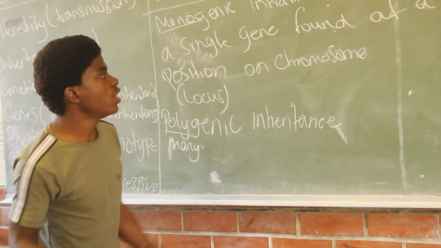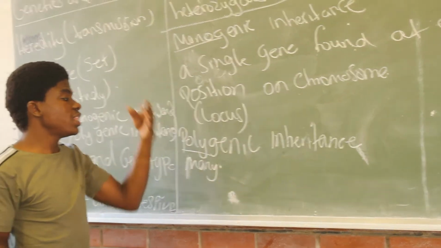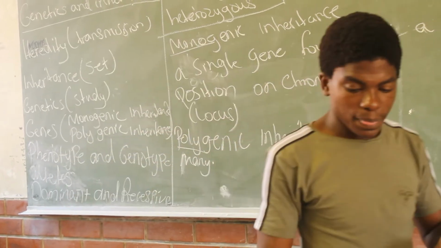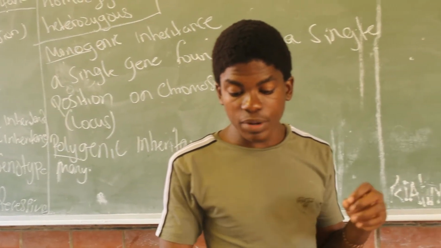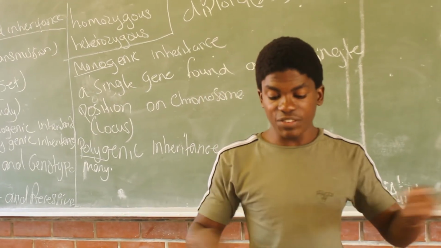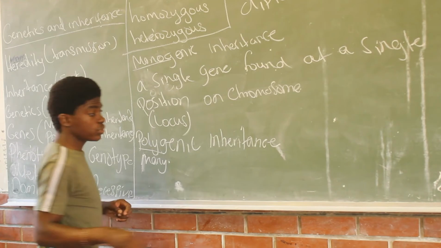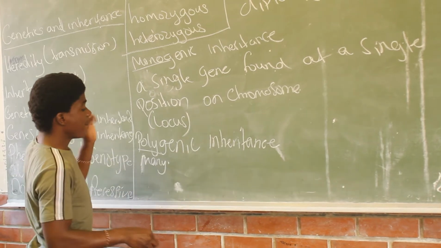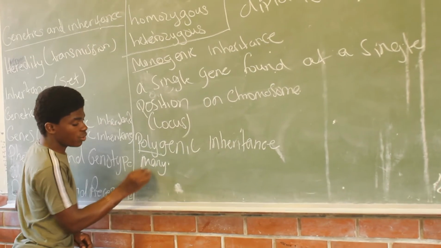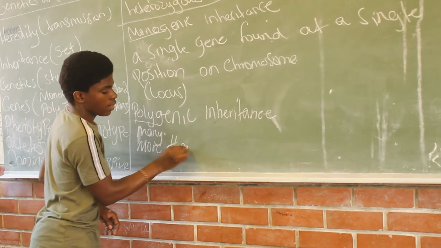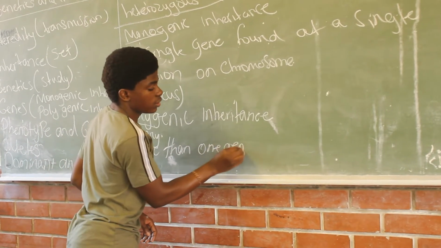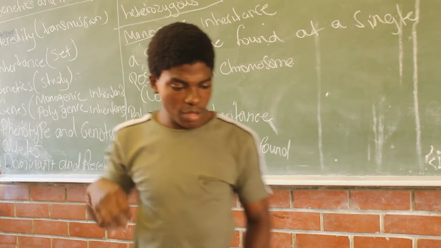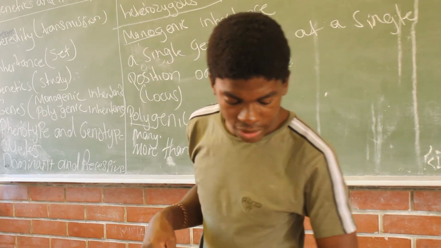Since we have dealt with monogenic inheritance, when we're talking about polygenic inheritance, we are talking about characteristics that may be controlled by more than one gene found at different loci, at different positions. Here it's a single gene at a single position on a chromosome, but polygenic is more than one gene found at different positions.